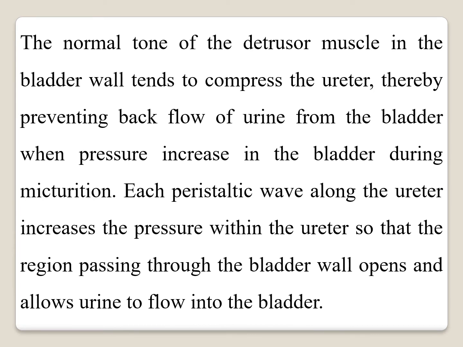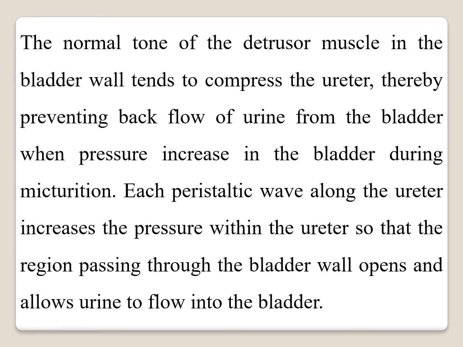Normally, the detrusor muscle has its own normal tone that compresses the ureter, especially the part of the ureter that passes through it. This prevents urine from passing back from the bladder to the ureter when the pressure inside the bladder increases during micturition.